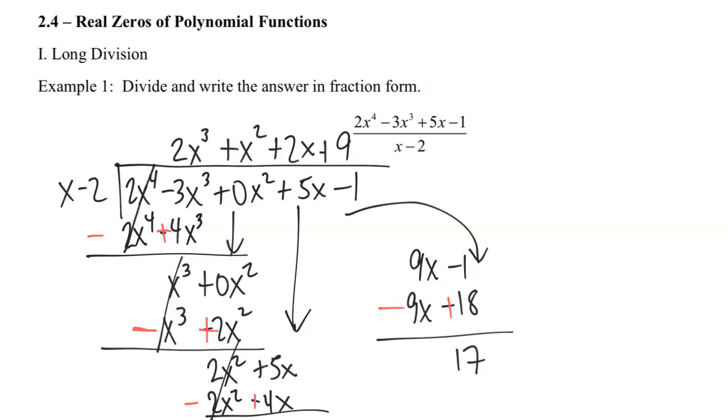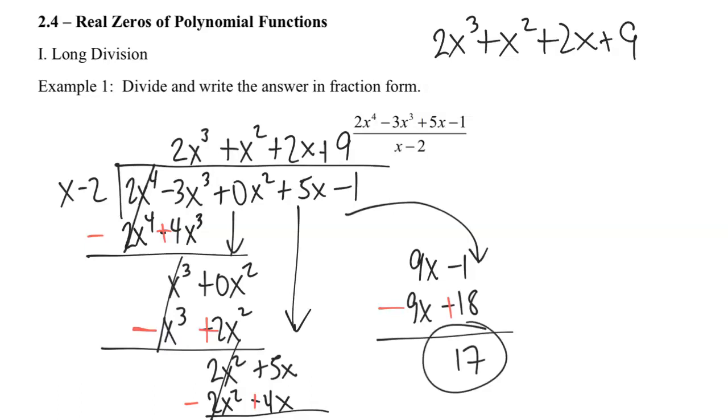And so here's how I'm going to write the answer whenever I long divide. We start with the quotient, which is what is on top of our division up here. So I'm going to start by writing 2x cubed plus x squared plus 2x plus 9, and then go with your remainder. And so my remainder is this number right here.